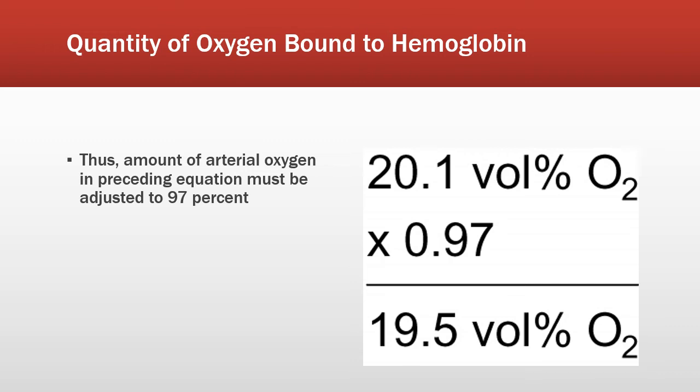So the amount of arterial oxygen in the preceding equation must be adjusted from 100% to 97%. So 20.1 vols percent times 0.97 is equal to 19.1 vols percent of oxygen bound to hemoglobin.